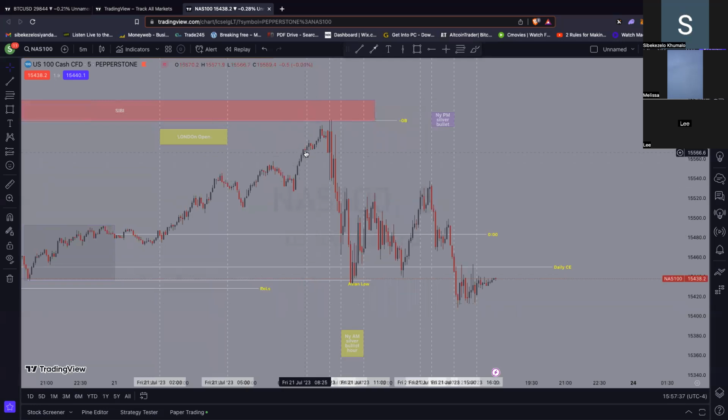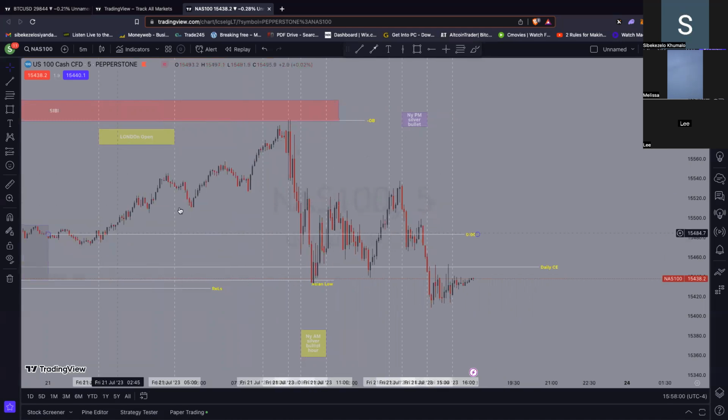And then 8:30, you want to see your Judas swing. Were there any news? There was no news event here, so nothing really happened. We just continued, and we made a high at 8:30. We took it out, but we didn't take out the low. We generated more sell side during this time window.